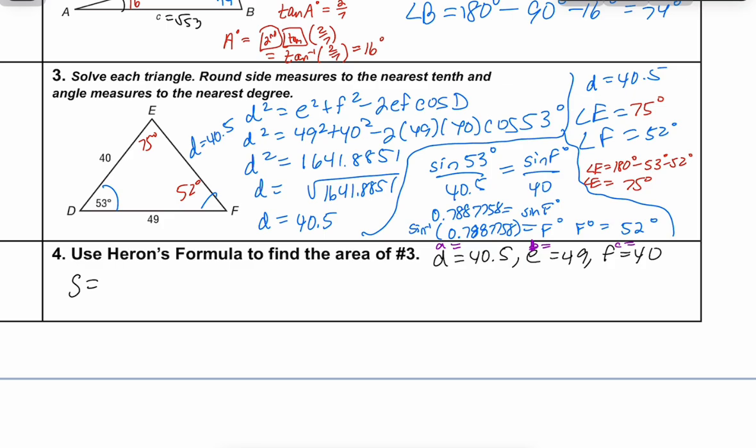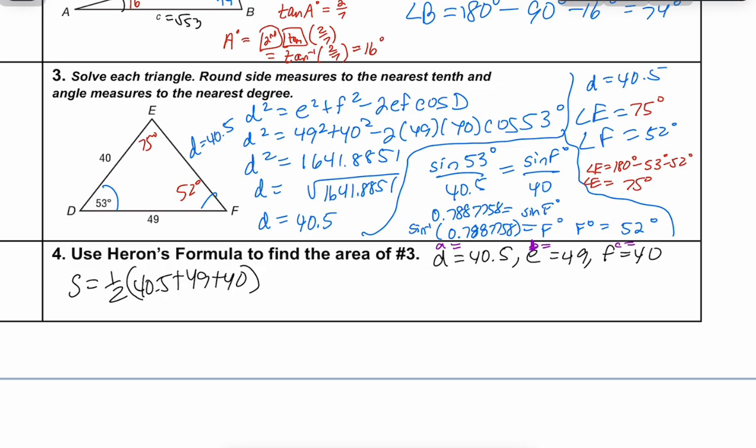Okay. So the half perimeter, we're going to take half of 40.5 plus 49 plus 40. How do you find the perimeter of a triangle? Add them up, divide by 2. That's your half perimeter. So 40.5 plus 49 plus 40.